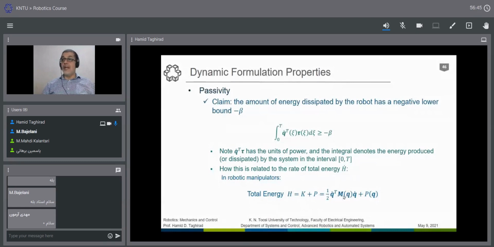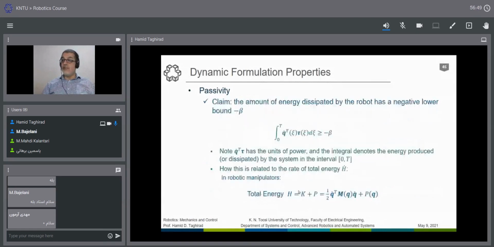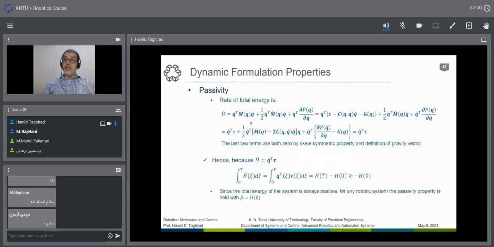If we take the derivative, as you see, we have the derivative of the first term times the second one, and the derivative of this one times this one, and the derivative of the potential energy. This gives us three terms, Mq̈, or Ṁ times q̇, and this is written in the matrix form that we have the dimension here. And the derivative of the last term is also coming here.